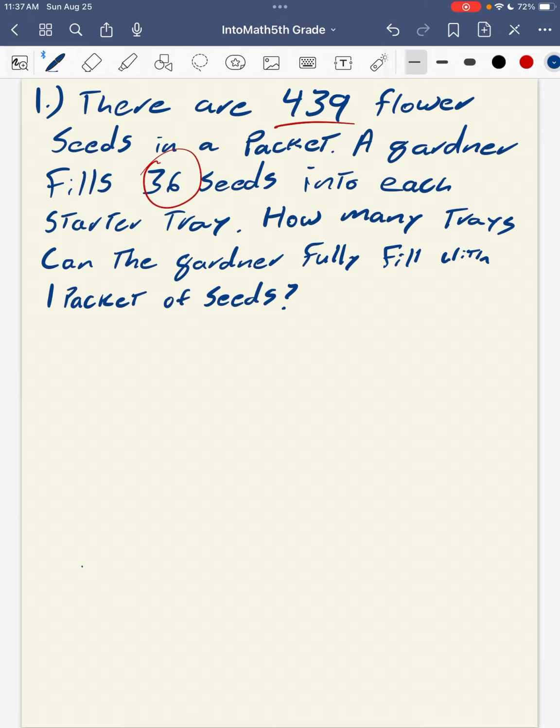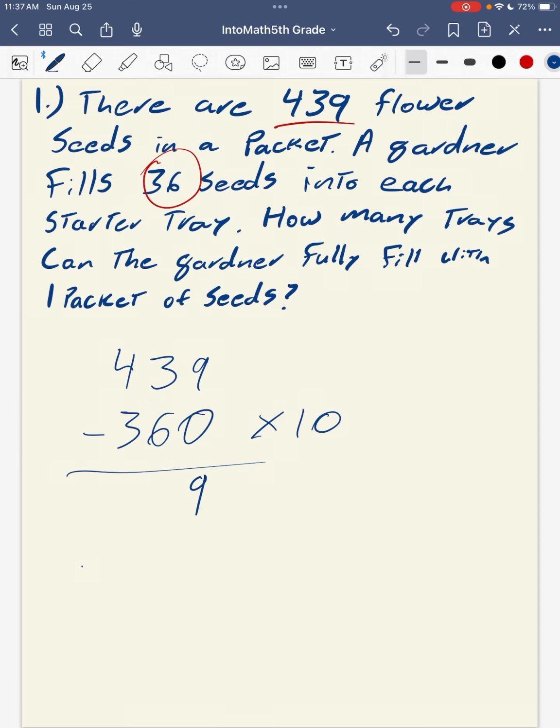Another easier way that I just realized I could have done is 439 minus 360. Anytime I could have 10, that makes life nice and beautiful for me. So that's times 10. If I subtract this out, 9 minus 0 is 9.